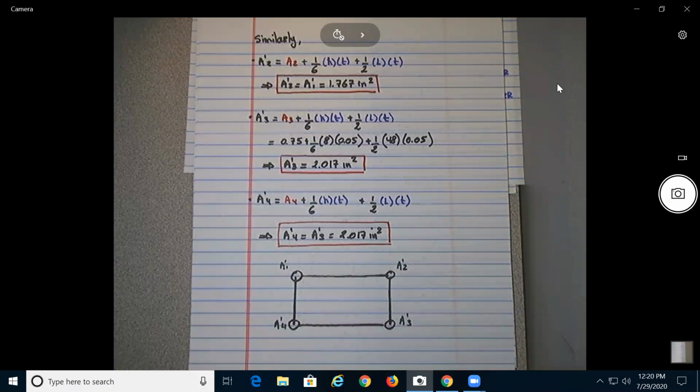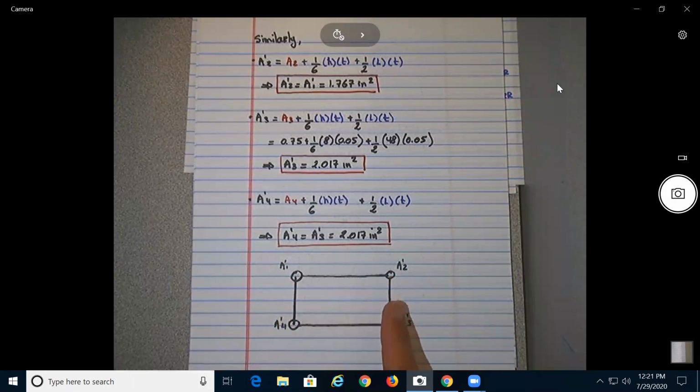In this problem, where will be the location of the neutral axis if A prime 1, A prime 2, A prime 3, A prime 4 were equal? It will be right in the middle. But in this case, we know that A prime 3 and A prime 4 are bigger than A prime 1 and A prime 2.